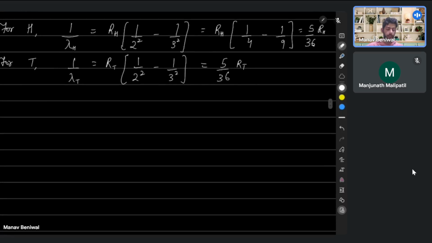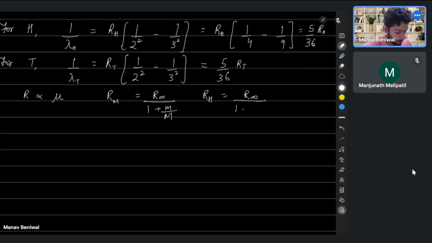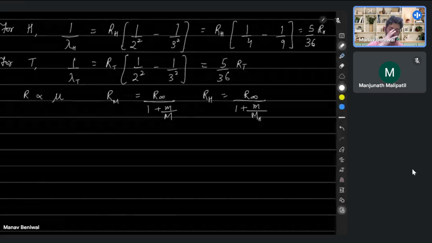Now we know that this Rydberg atom has an effective mass, right? So the Rydberg constant is proportional to the effective mass mu, and for any atom we can write R_M, that is just R infinity upon 1 plus m by M. So for hydrogen, RH is equal to R infinity upon 1 plus mass of electron over mass of hydrogen atom, so the hydrogen nucleus.